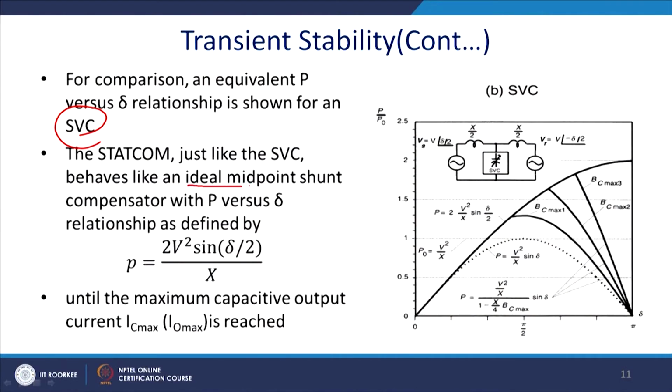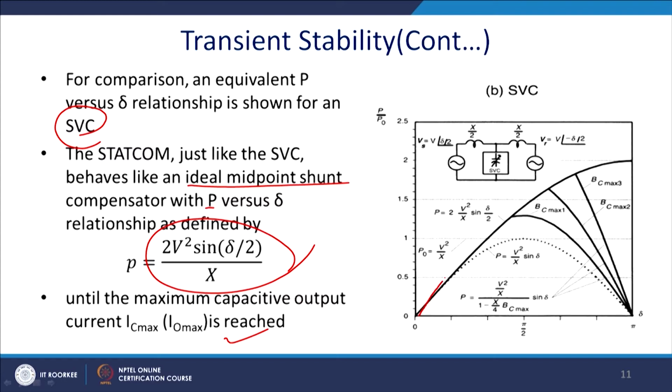The STATCOM, just like the SVC, behaves like an ideal midpoint shunt compensator with P versus delta, and this equation becomes this. But there is a limitation: until the maximum capacitive output current IC max is reached.